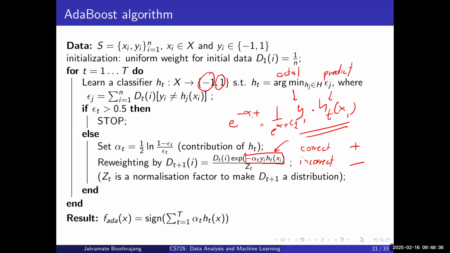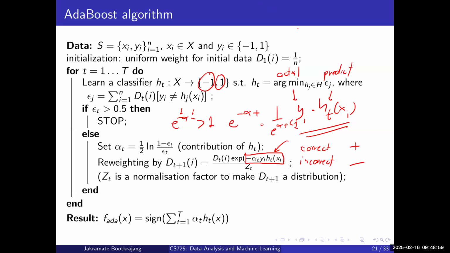But if the product is negative, you have e to the alpha. The two negatives cancel out, so this is greater than 1. Basically you multiply the previous weight by a number that is greater than 1, so your weight is going to go up.